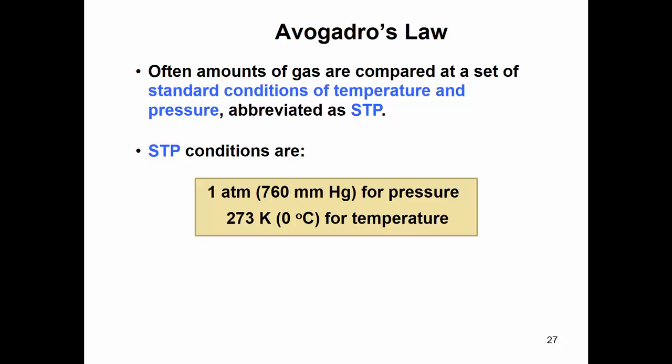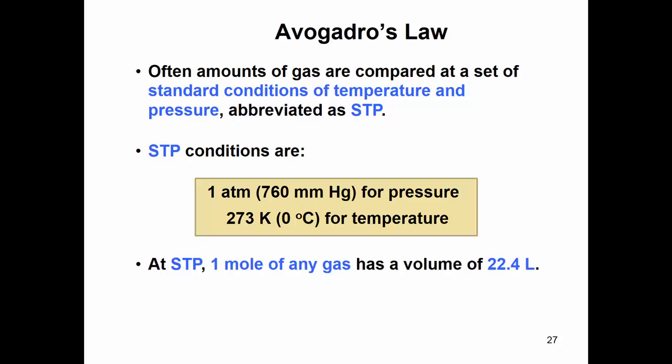Okay, so that's 0 degrees C, but we know we have to use Kelvin when we are plugging into gas law equations. Okay, so at STP, we can compare moles and volumes and pressures and lots of other things. Okay, but at STP, that means 1 atm and 273 K. 1 mole of any gas, so it has to be an ideal gas, meaning it behaves ideally, as we've talked about with gases.